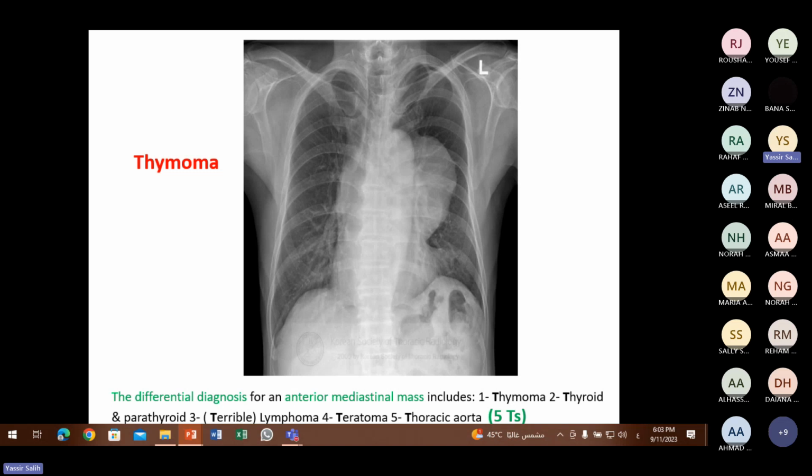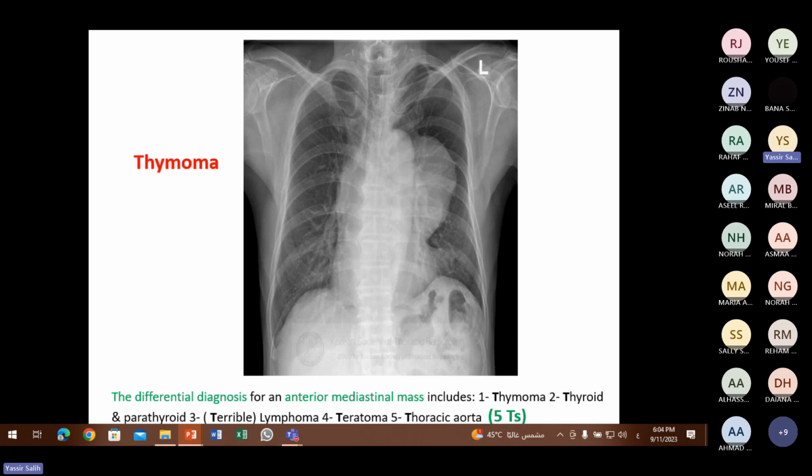We have a differential diagnosis of anterior mediastinal mass. You can guess whether it is anterior, posterior or middle mediastinum from the frontal view, but to confirm this you have to do the lateral. This is a mediastinal lesion in the anterior mediastinum.